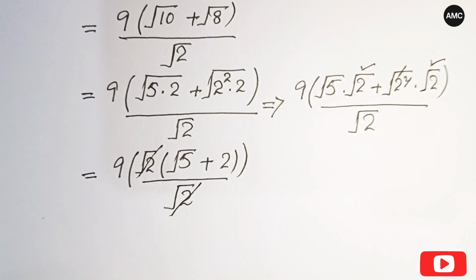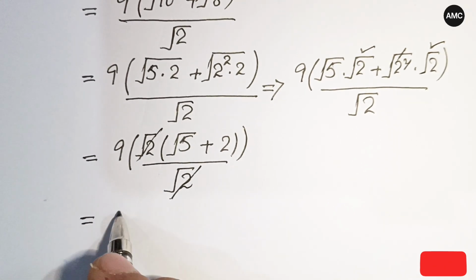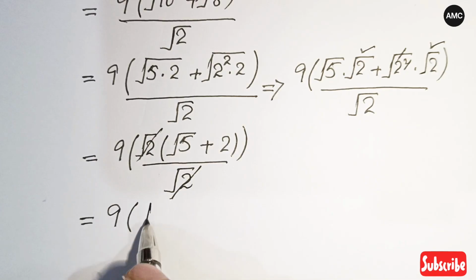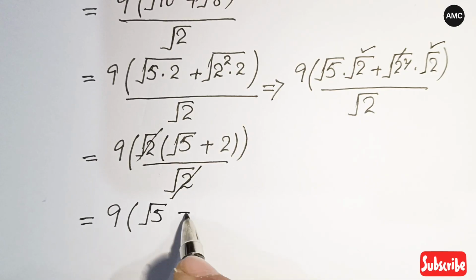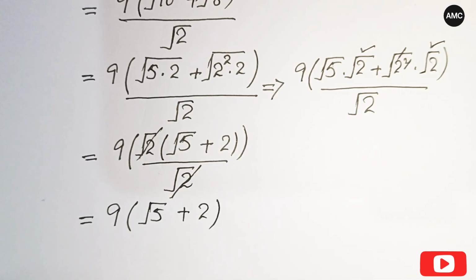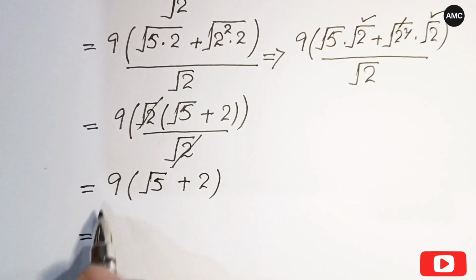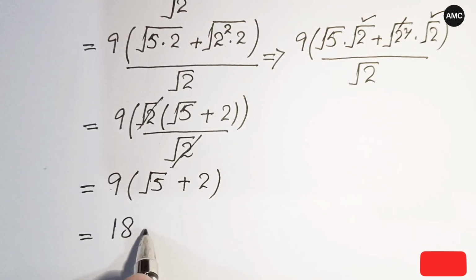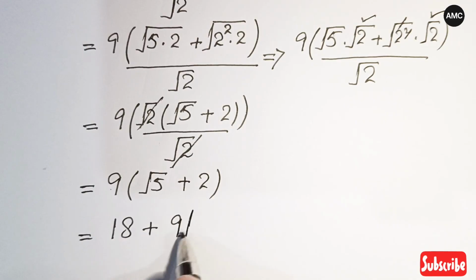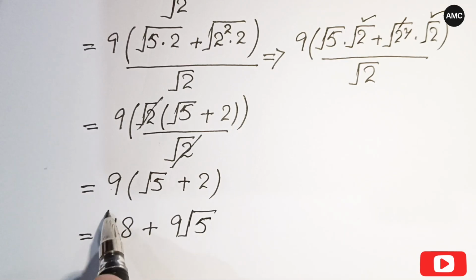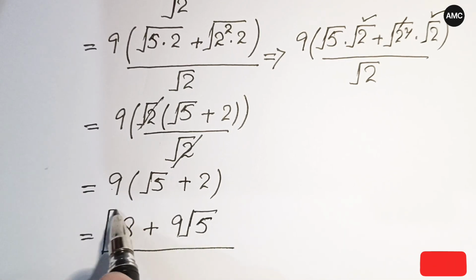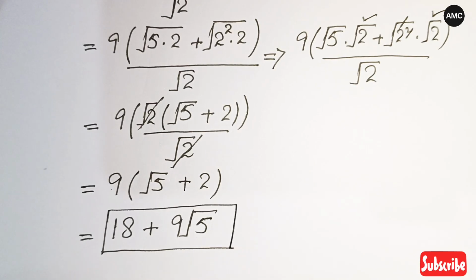We will get 9 times square root of 5 plus 2. So our final step is 9 times 2 is 18 plus 9 times square root of 5. So our simplest form of this problem is 18 plus 9 times square root of 5.